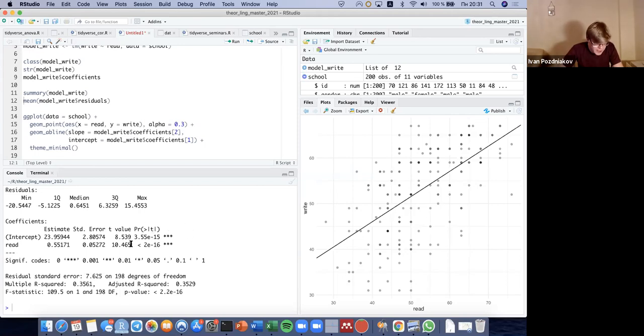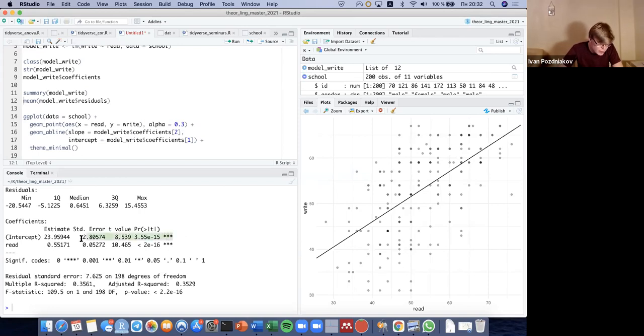The null hypothesis for these p-values is that the coefficients in the population are zeros. So in this case, we can calculate t-values and p-values.